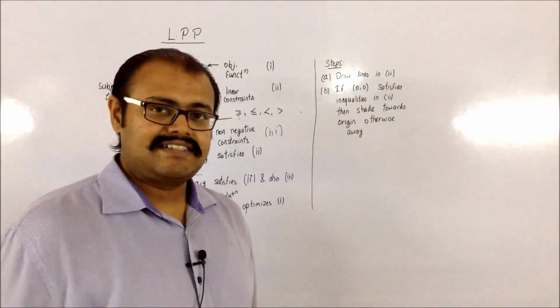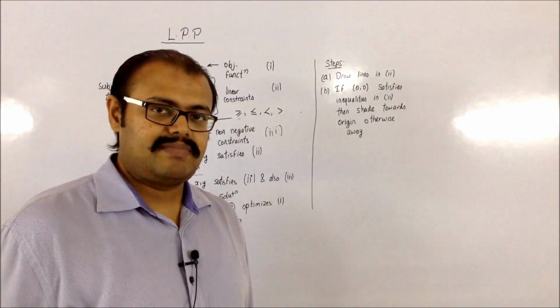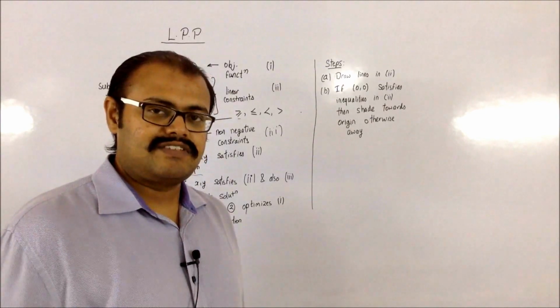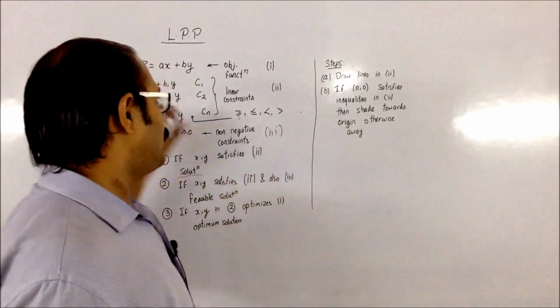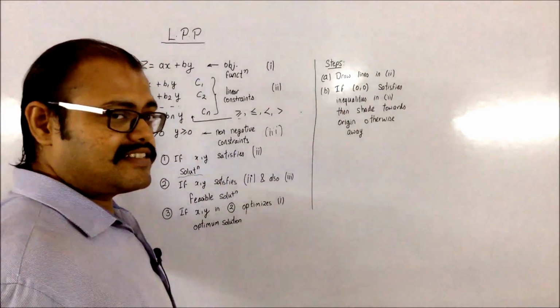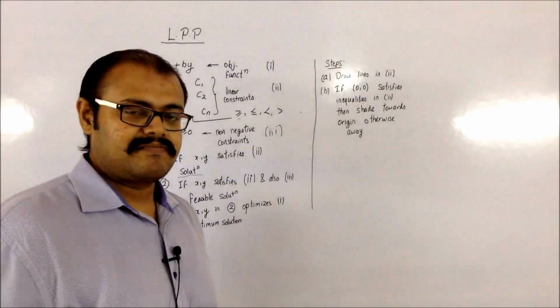Next, we have to understand what are the steps which we have to follow while solving for LPP. You have to draw a rough sketch of the given equations. First step, you have to take one linear constraint and represent it as a line on your graph.